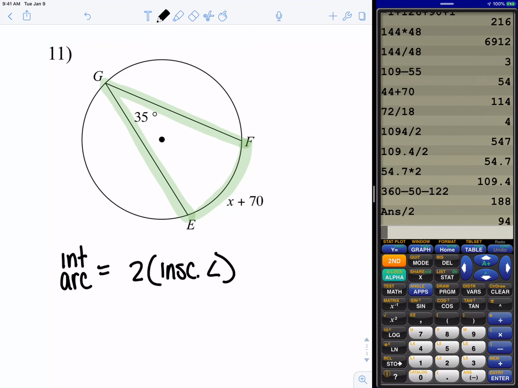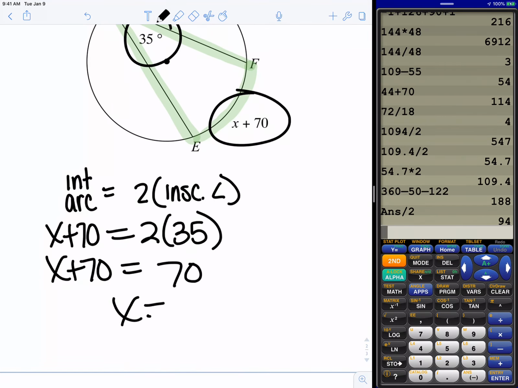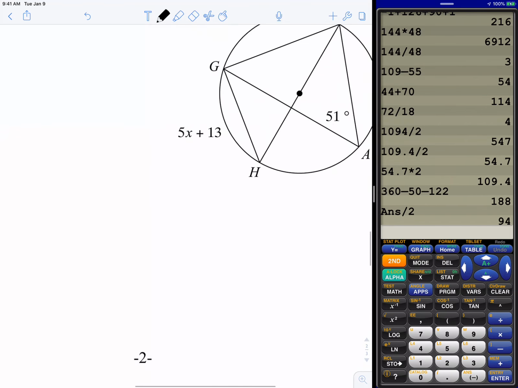So the intercepted arc, which is given to us as x plus 70, equals 2 times the inscribed angle, 35. So it says x plus 70 equals 70, so x must be 0. All right, let's set up for x and solve another one.